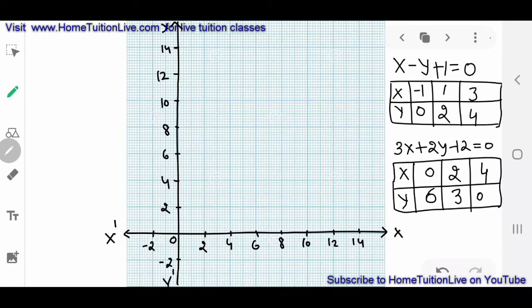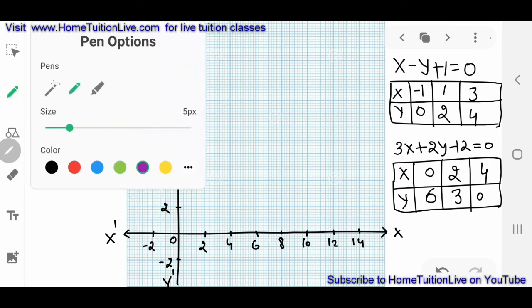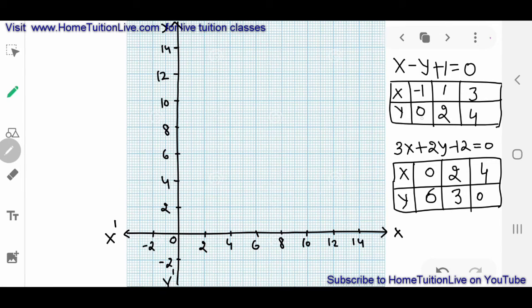Now this is the graph I am drawing. These are the two equations. X is minus 1, y is 0. X is 1, y is 2. X is 3, y is 4. Join the points.